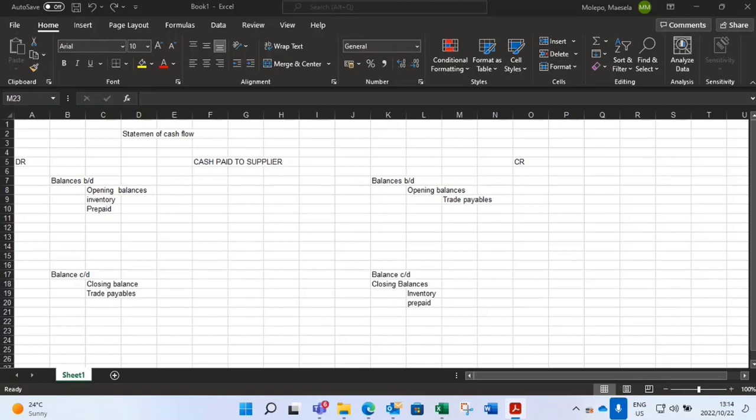For the prepayment, the balance that we have as the opening balance, how much was it? What is the balance that I have to put here?